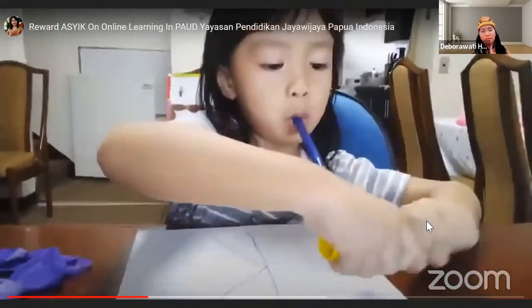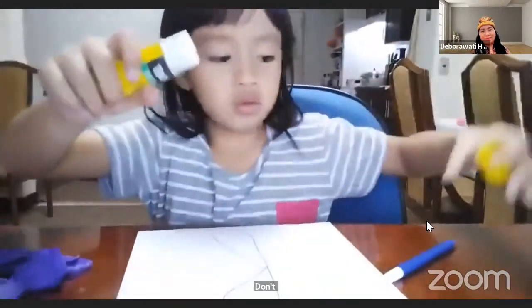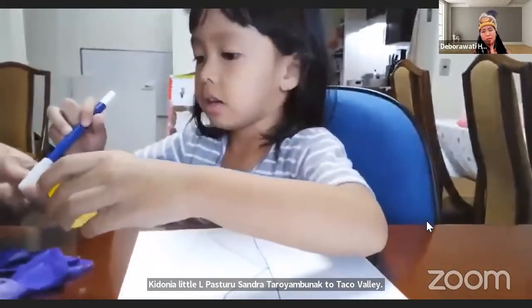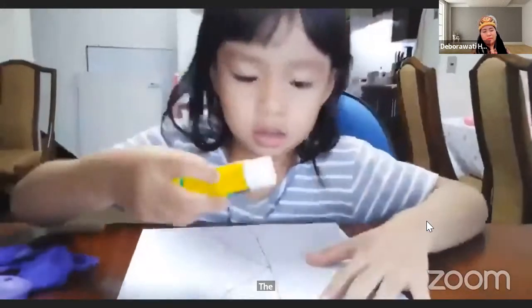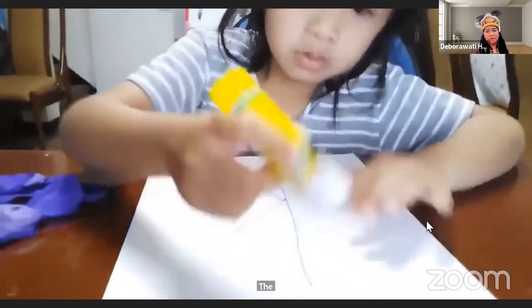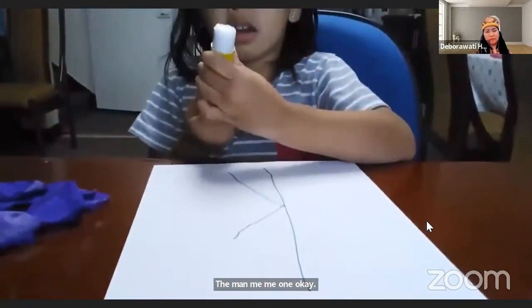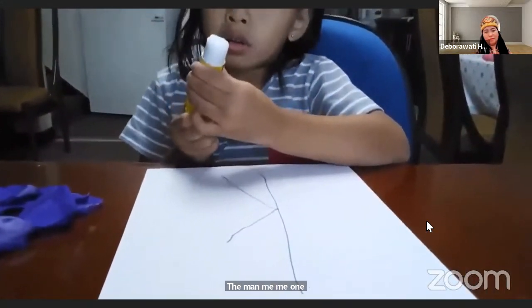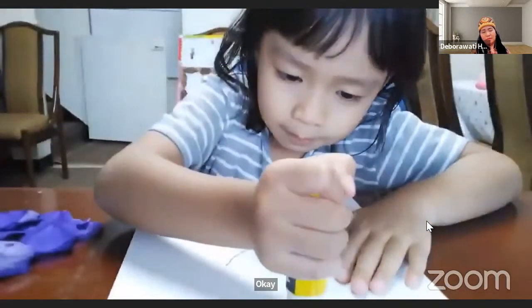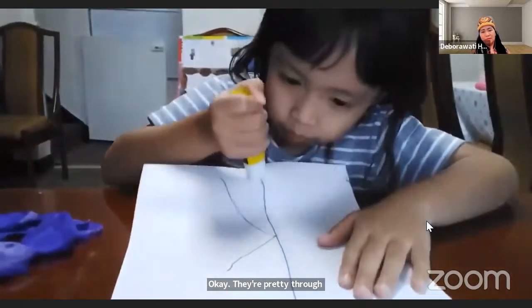Tolong spidolnya dilepas dulu, Sandra. Taruh yang benar. Tutup kembali. Buka dulu lemnya. Sudah dibuka. Keluarin sedikit. Kita beri lem, terus ke bawah. Banyakin lemnya.